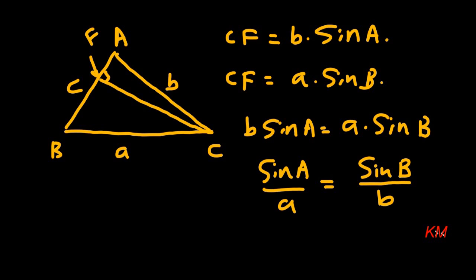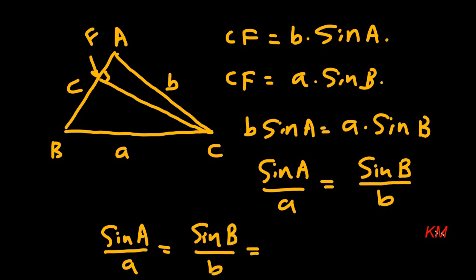Then I can write down the final expression for the sine formula, that should be sin A divided by small a equals sin B divided by small b equals sin C divided by small c. These three expressions should be equal to lambda, that is a constant.